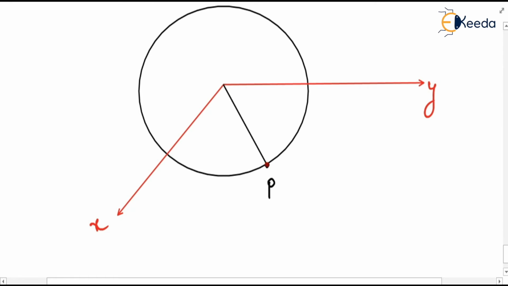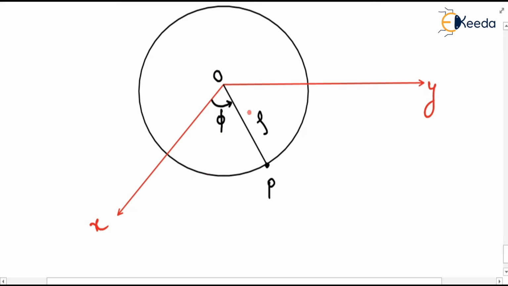This distance will be rho from the origin or point of reference, and this angle we take as phi.